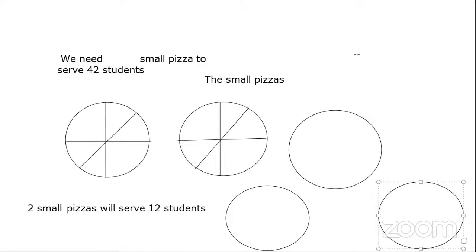I'm just gonna draw pieces here. I just draw 3 other pieces just to get my working out going, or get my diagrams going, because I have an idea of how many pizzas I would need. So that's another 6 slices of pizza.